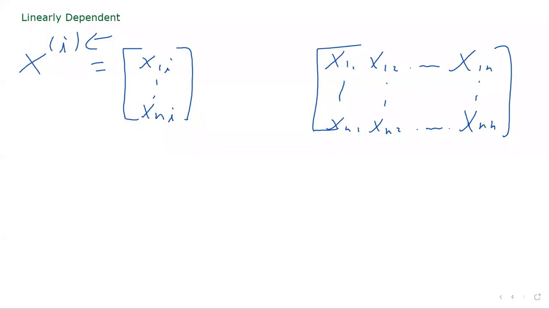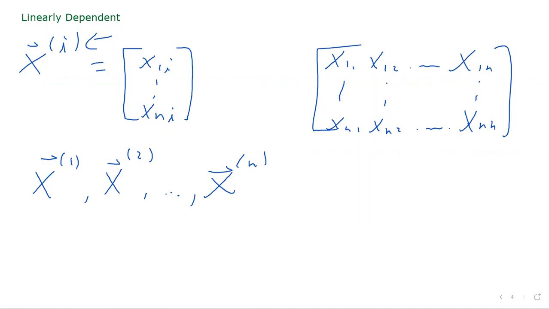For our linear independence, we're going to say we have our x1, and that should be a vector, all the way out to our xn.